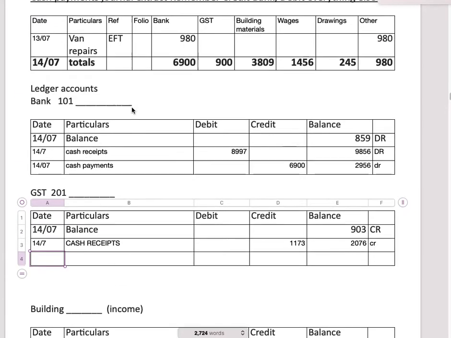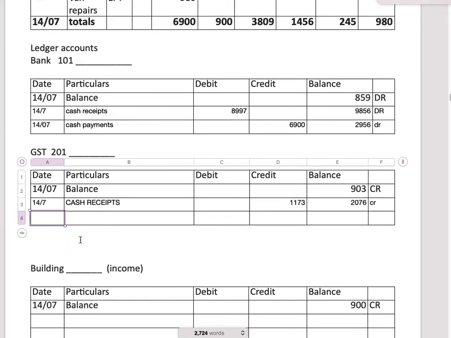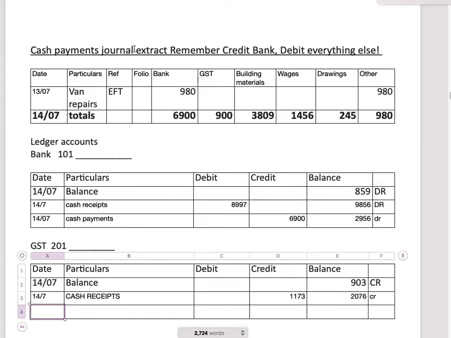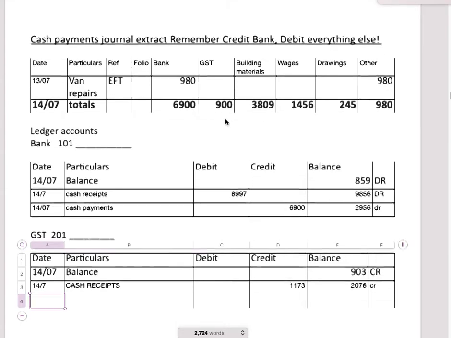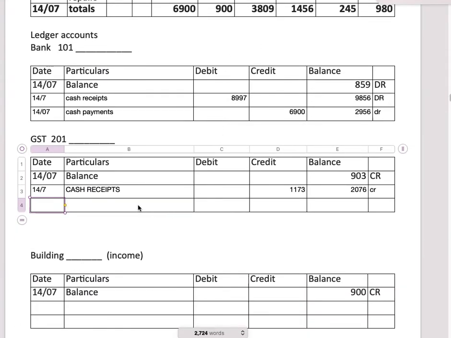Now for the cash payments we're going to do the same thing. So remember, up here it says credit bank, debit everything else. So we're going to be putting that total, that $900, in the debit column this time. So 14th of the 7th, cash payments, $900. Now we've got an entry in the debit column and our account has a credit balance, which means we're going to be subtracting that.